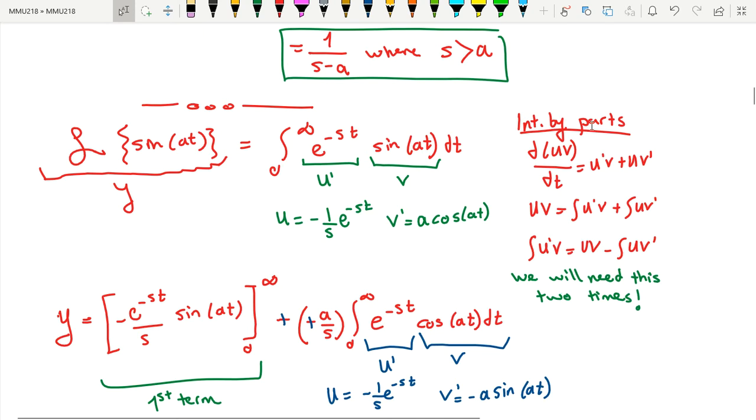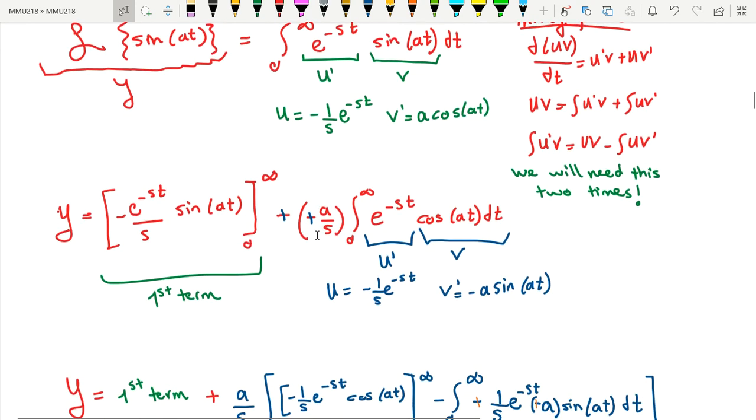So we will need to use this thing 2 times in the derivation of the Laplace of sine at. This will take a little bit of time. So e to the minus st and sine at, I am randomly choosing e to the minus st as the u prime, and so u is minus 1 over s e to the minus st. And v prime, that's easy because sine at, if you take the derivative of that, is a cosine at.